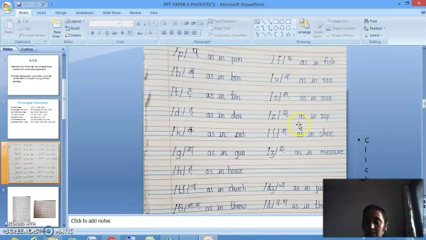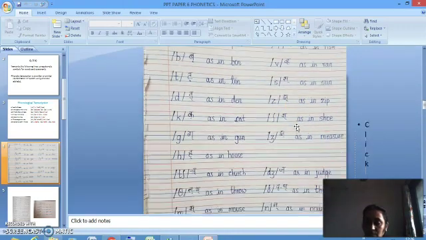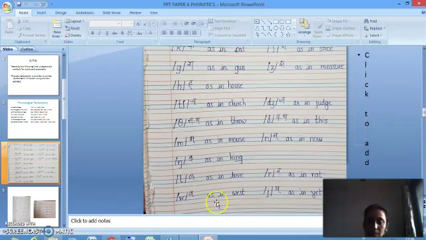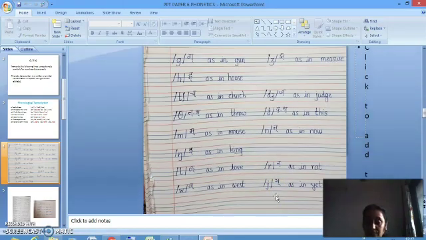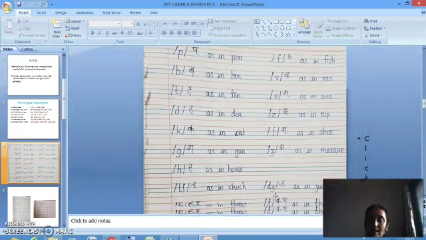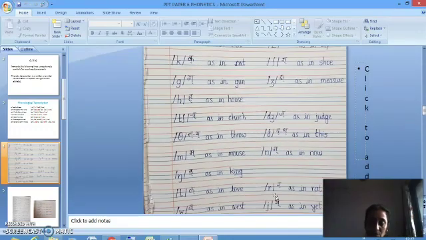Z. This is w in west, or woman, or well, w. This is what? Not J, but it is Y. Y as in yet. So, these are consonant sounds. They are 24. Okay?